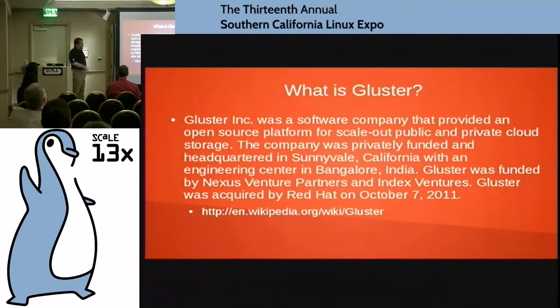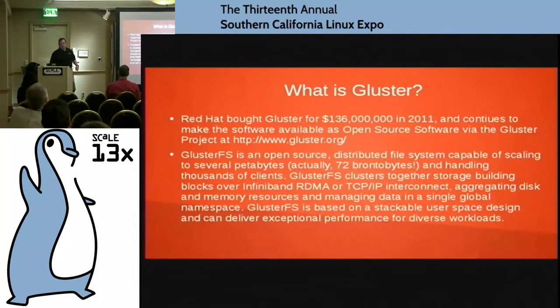You can read the history of the Gluster company at the link at the bottom on Wikipedia. This is one of a number of acquisitions that Red Hat has made over the last few years. We paid $136 million for the company. We paid $136 million for free software, and then we turned around and made sure that it continued to be free forever. That's again one of a number of projects that we've done that with.